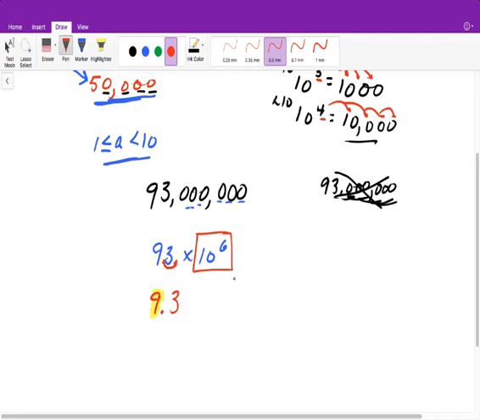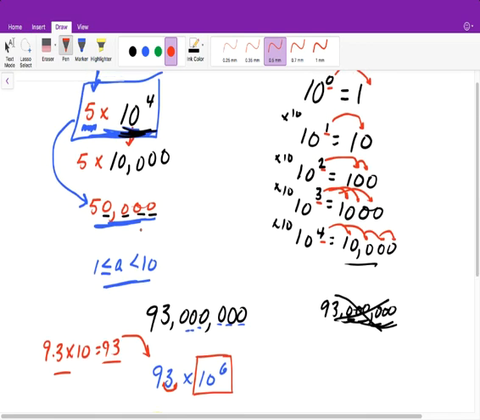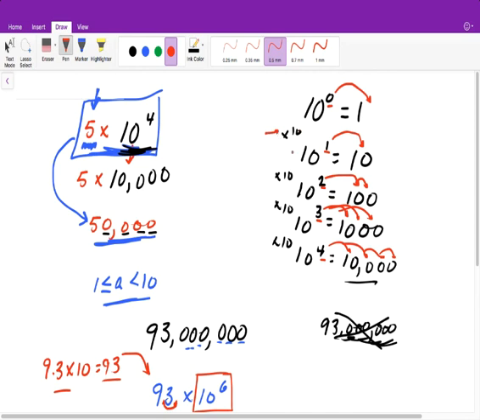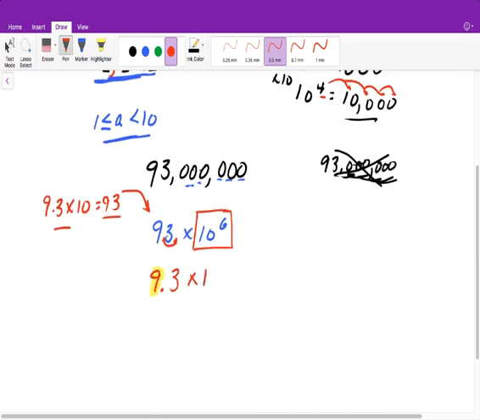If we wanted to do 9.3 times 10, that would give us the 93. So that shows what we need to multiply to get back to that 93. And as we were looking here, every time we multiply a number by 10, our power increased by 1. So this actually becomes 9.3 times 10 to the 7th.